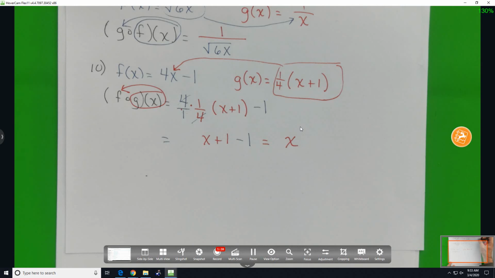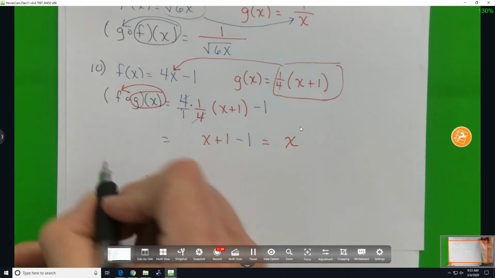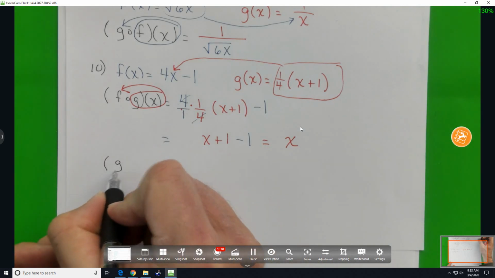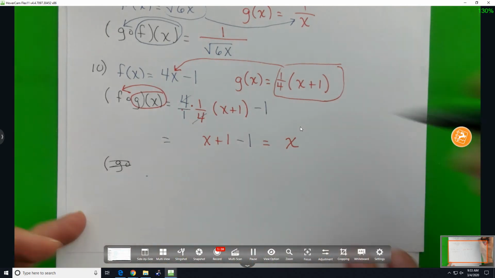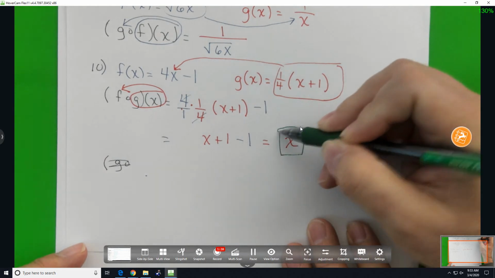Okay. Let's go ahead and find g composed with f of x, and then we'll type in the answer. Let's box this in also so it's easy to spot in a moment.